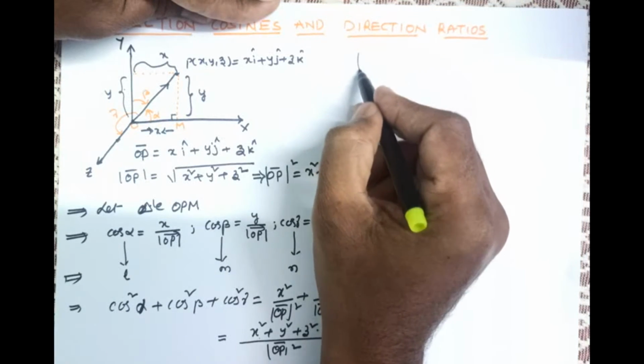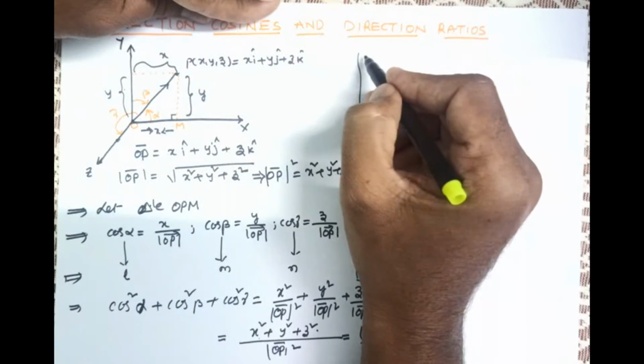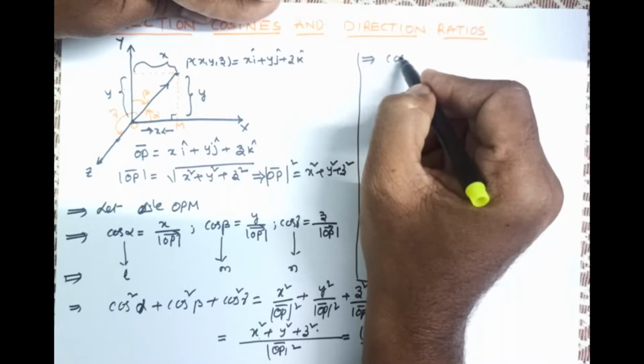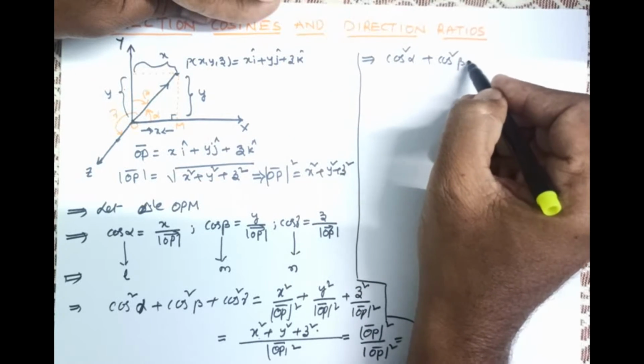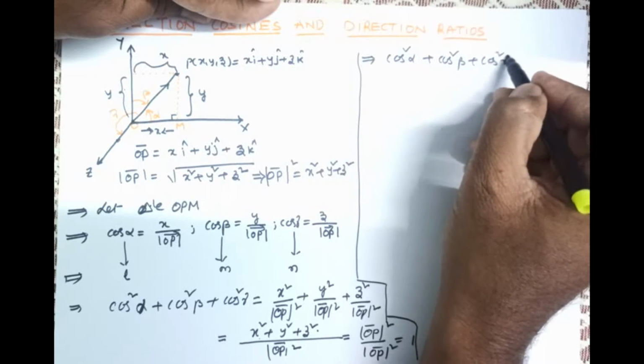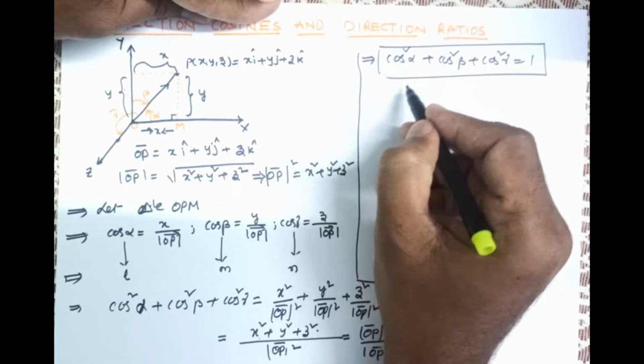So this is equal to 1. What we got here in the derivation is cos square alpha plus cos square beta plus cos square gamma is equal to 1. This is one standard form.